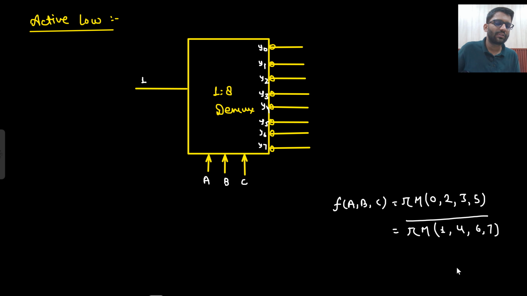So yeah, it would be the bar of 1, 4, 6, 7. So we'll take 1, we'll take 4, we'll take 6, we'll take 7.